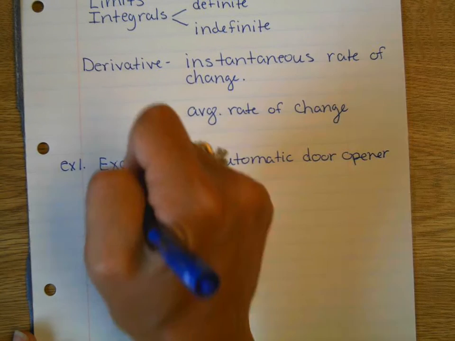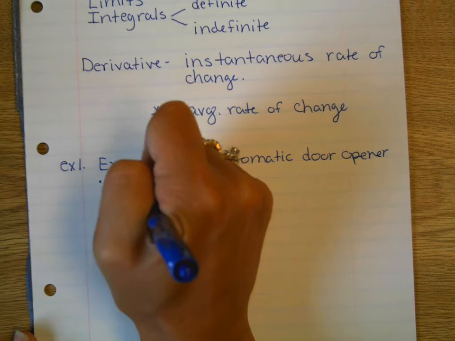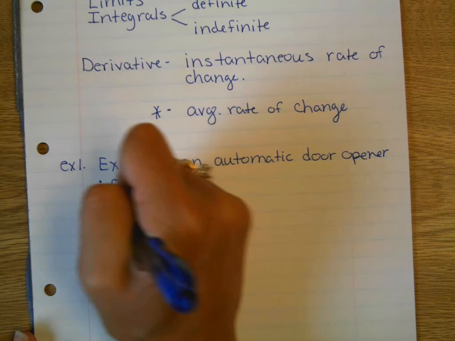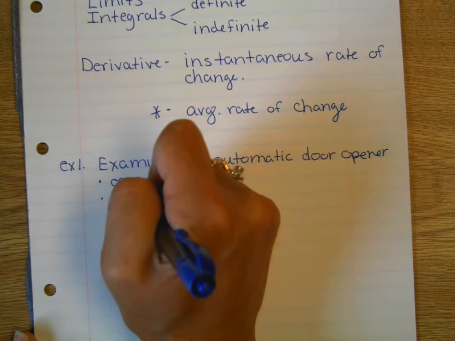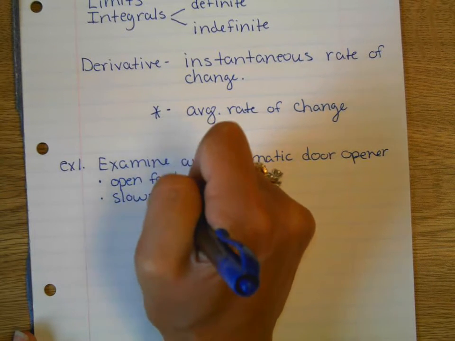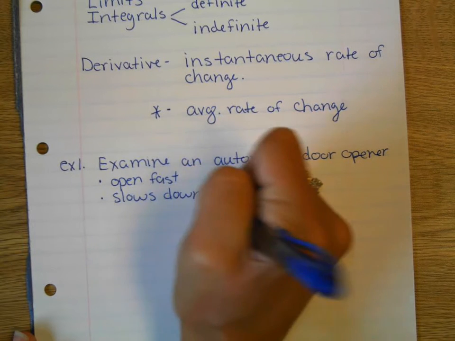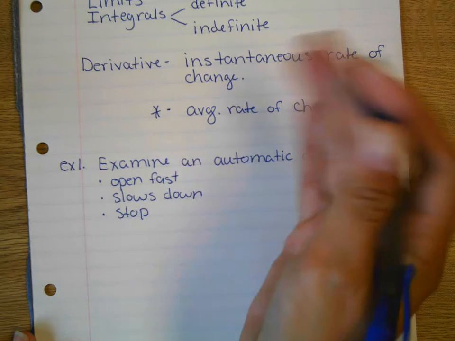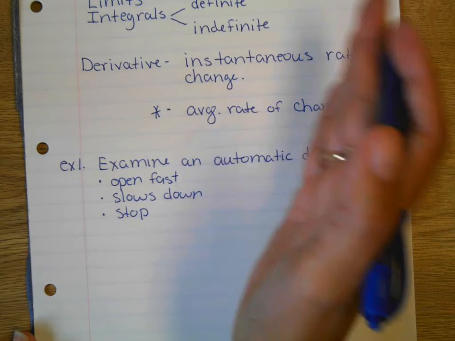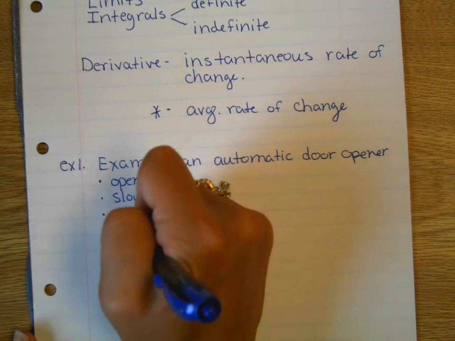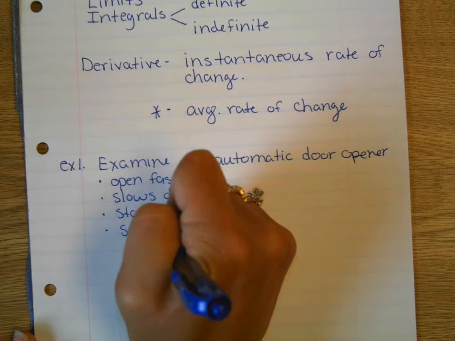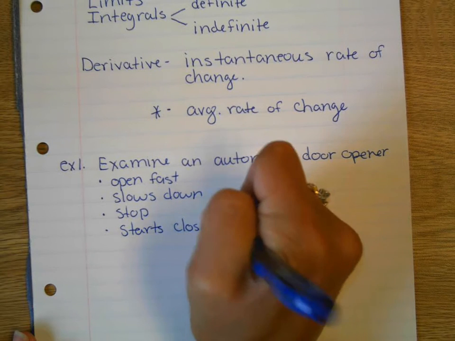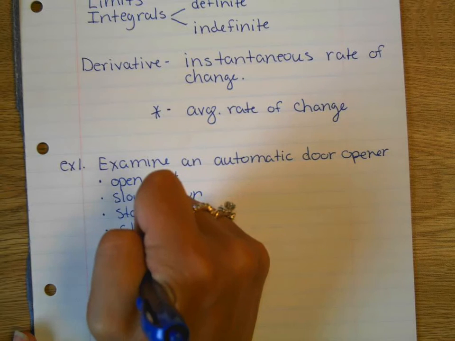After you press the button, the door is going to open fast. It's going to slow down as it reaches its maximum opening. It's going to stop for just an instant before it starts closing again. So then it starts closing. And then it's going to slam shut at the very end.